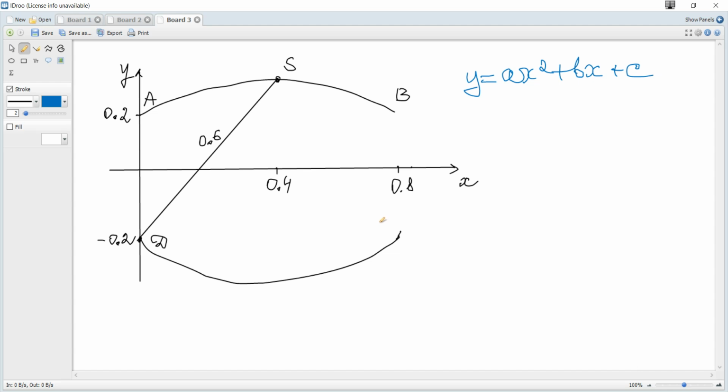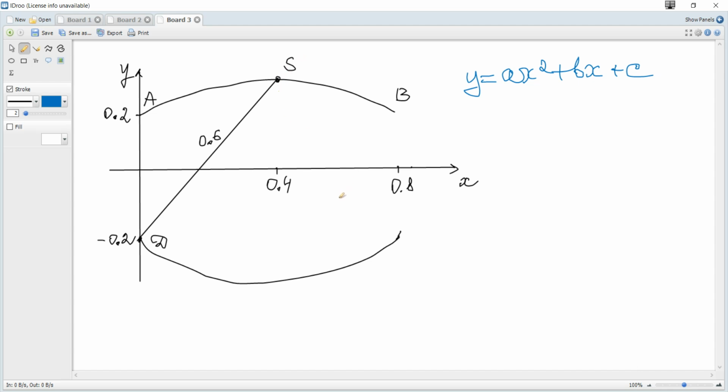The origin of the coordinate system is at the center of one of the circular faces as shown in the following diagram. S is at the vertex of the quadratic curve and SD is 0.6, so S is the vertex.